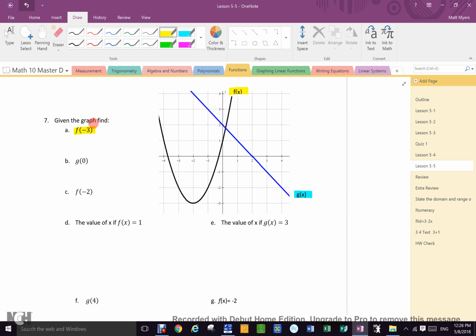One specific spot. And that specific spot occurs where the f is -3. Where do I search for this -3? It must either be on the x-axis or the y-axis. Which one is it?